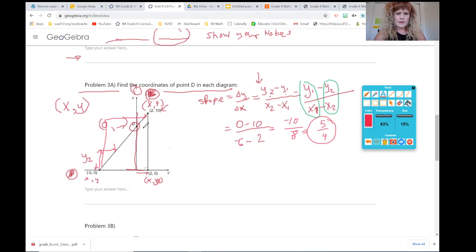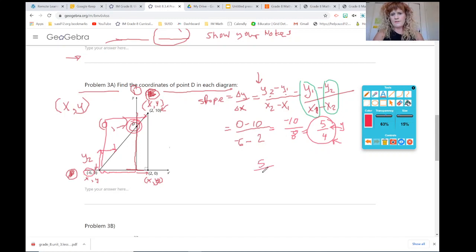So, if we want to find the y value here, it means the y increases 5 units for every 4 units of x. So how many units of x did we go over? Well, we see this x is -6. So our x went over by 6 units.